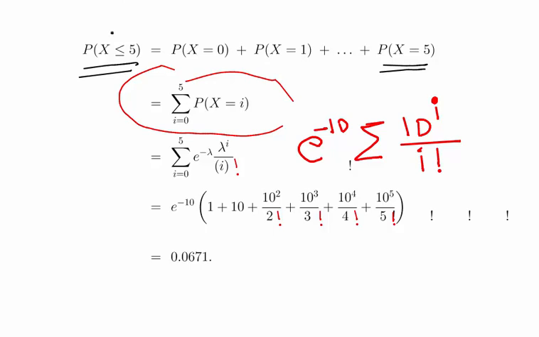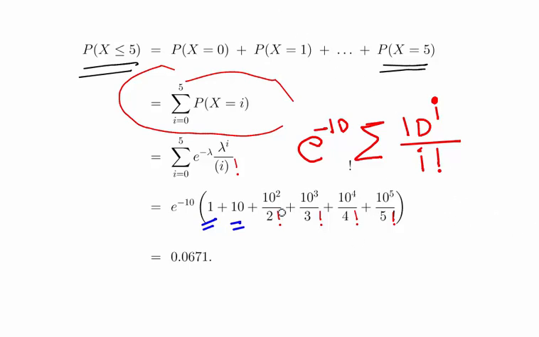When i is equal to 0, 10 to the power of 0 is 1, 0 factorial is 1, 1 divided by 1 gives us 1. When i is equal to 1, 10 to the power of 1 is 10, 1 factorial is 1, and so on. So we work it out: 10 squared over 2 factorial plus 10 cubed over 3 factorial plus 10 to the power of 4 over 4 factorial plus 10 to the power of 5 over 5 factorial.